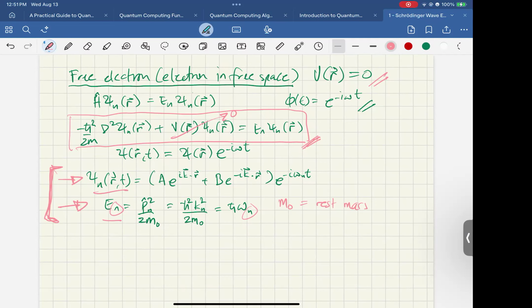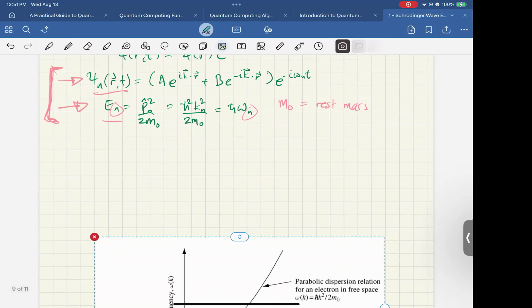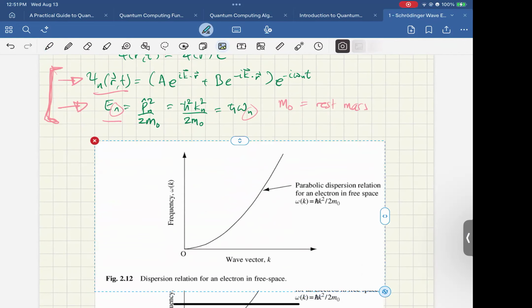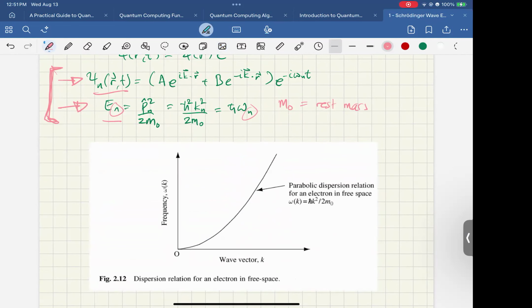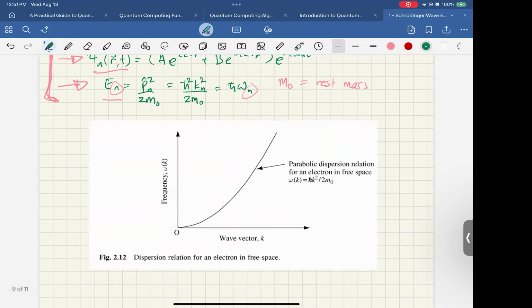So one of the things to do is to describe the particle in terms of this relation. This relation is called the dispersion relation.